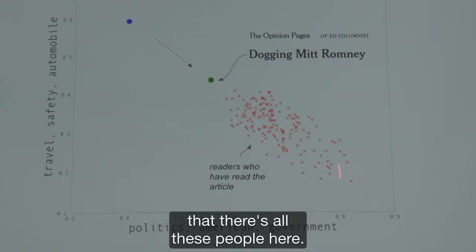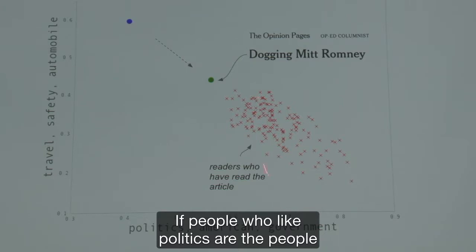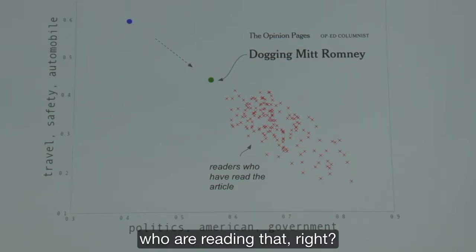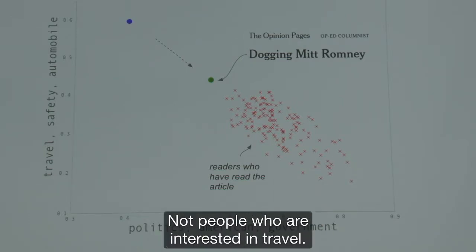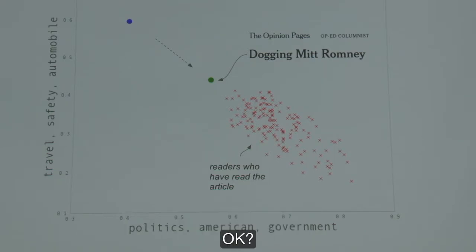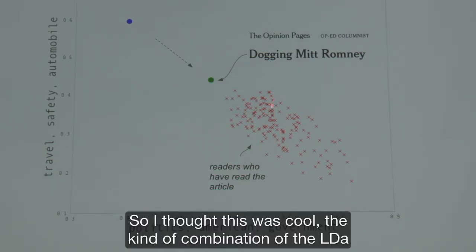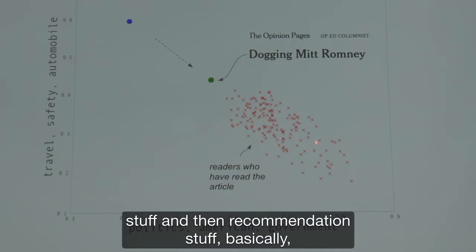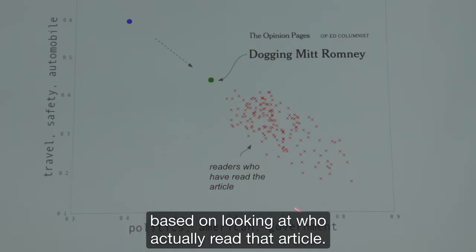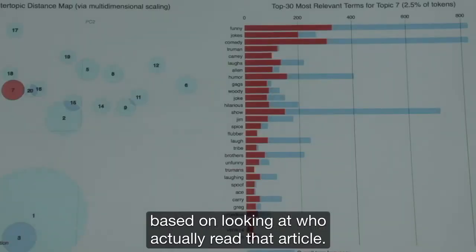People who like politics are the people who are reading that, right? Not people who are interested in travel, okay? So I thought this was cool, the combination of the LDA stuff and the recommendation stuff, basically based on looking at who actually read that article.